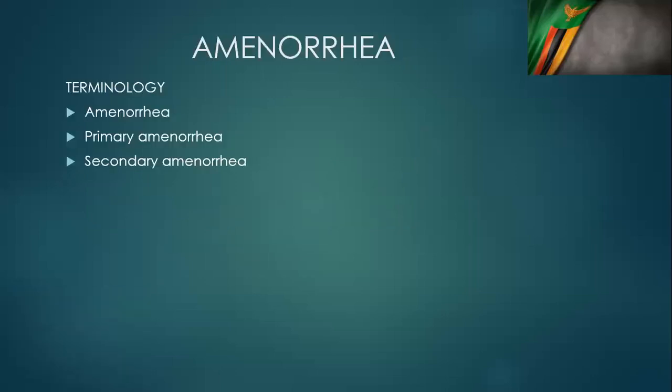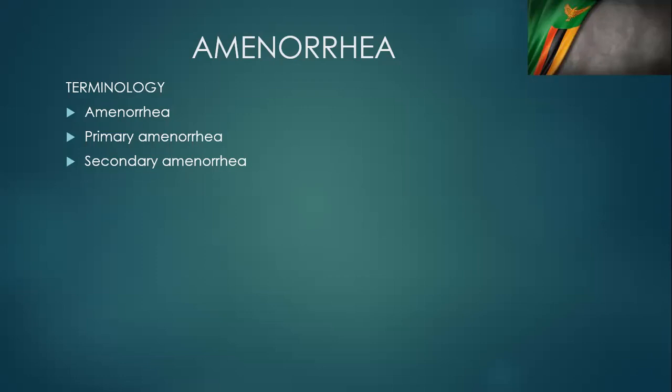Okay, so let's start with the usual stuff, which is terminology. Amenorrhea really is lack of menses. That's the basic definition, that we have a woman who's not having her menses.